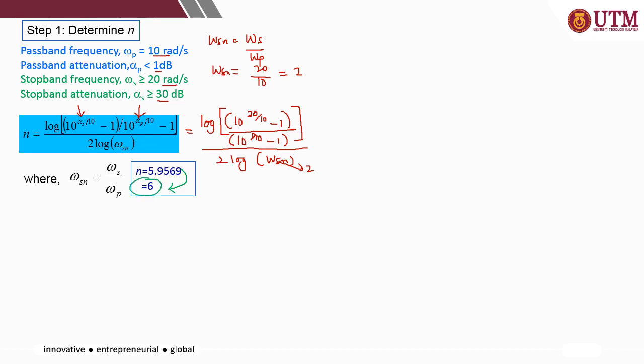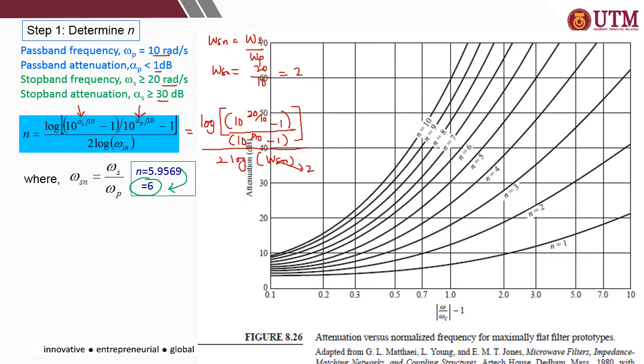Okay, let's look at how to use the graph. Please make sure you use the correct graph. In this case it's Butterworth, so make sure you use the maximally flat filter response, the attenuation graph. Then you need to refer to the x-axis here, where omega represents omega S over omega C, minus 1.